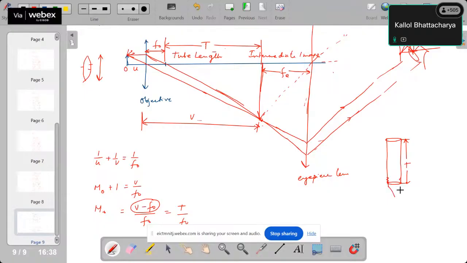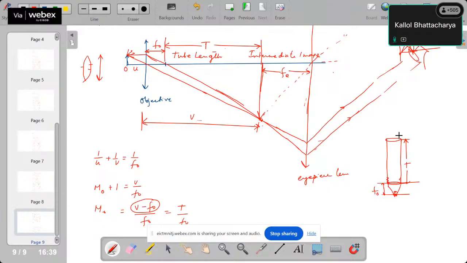This is the objective lens. It's a combination of lenses we have here. So if this is the principal plane of the objective lens, and this is the end point of the barrel, end point of the tube, then this distance is fo.